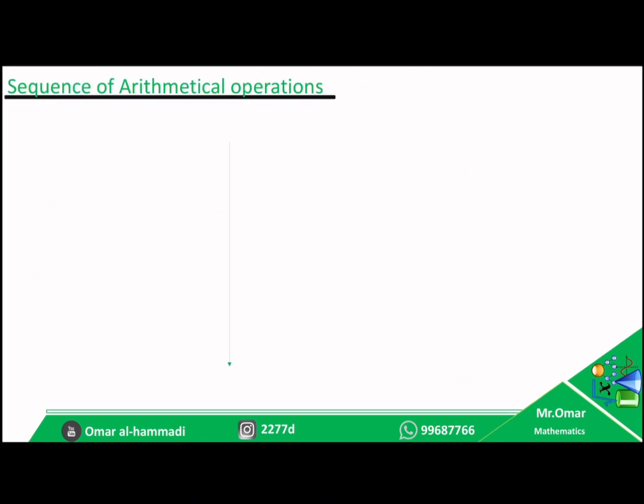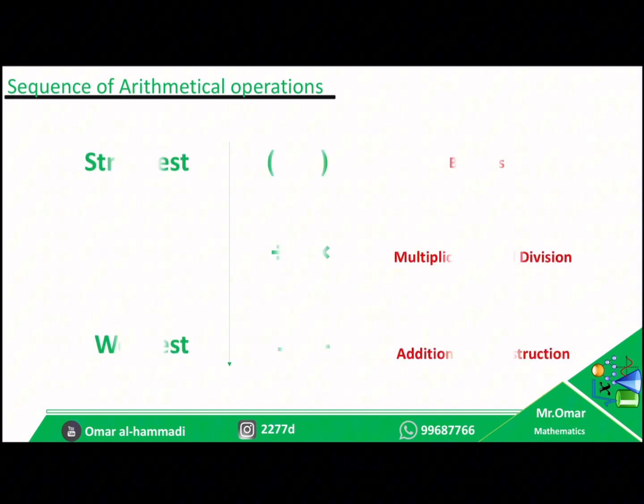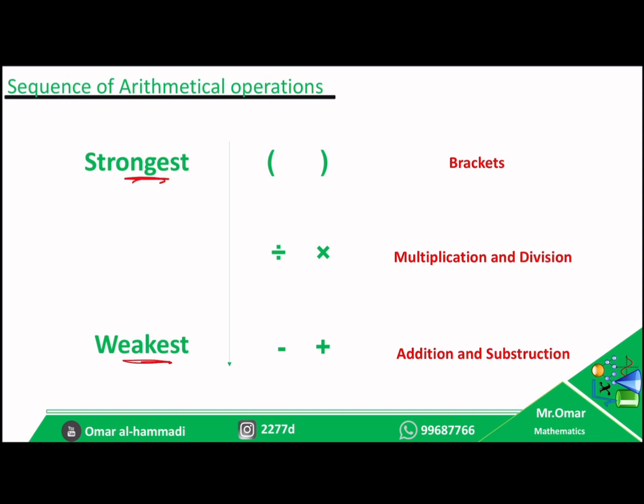Sequence of arithmetical operations. Here is the order of operations that we will use. We have brackets, multiplication and division, addition and subtraction. The brackets are the strongest, and later on it goes down to the weakest. So from the strongest one to the weakest one. Okay, let's see the example.